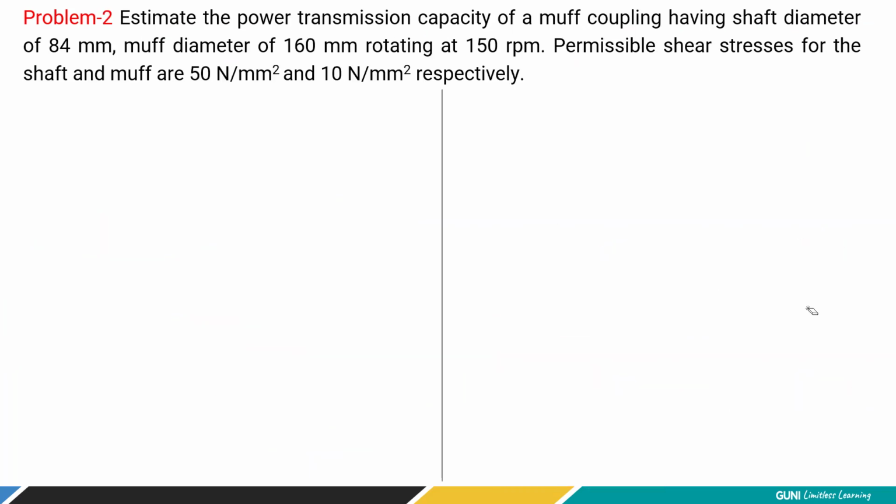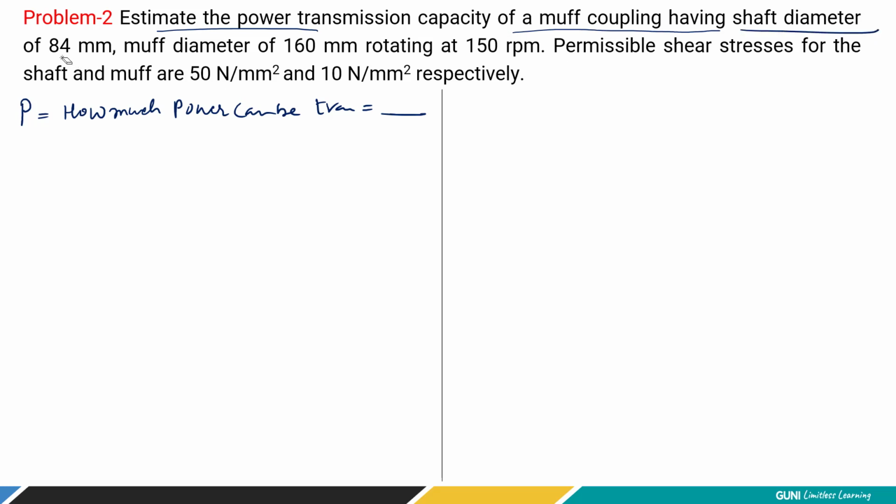Now let's solve the second numerical. Estimate the power transmission capacity of a muff coupling, which means we have to find out how much power can be transmitted. This is the requirement of the question.